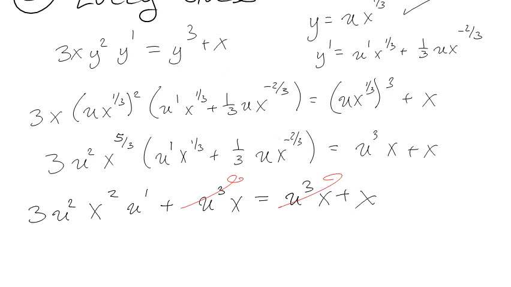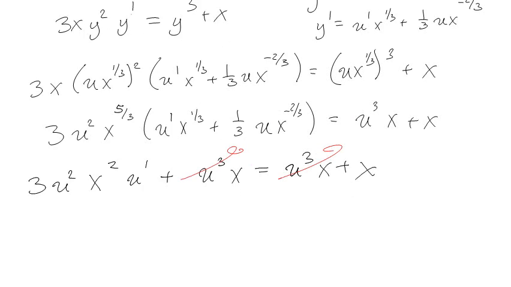Not like scared, because I'm tougher than that, but it'd be something that goes away. Alrighty, so I've got 3u squared x u prime equals 1. 3u squared u prime equals 1 over x.